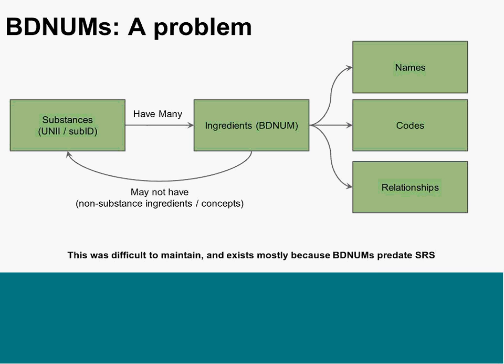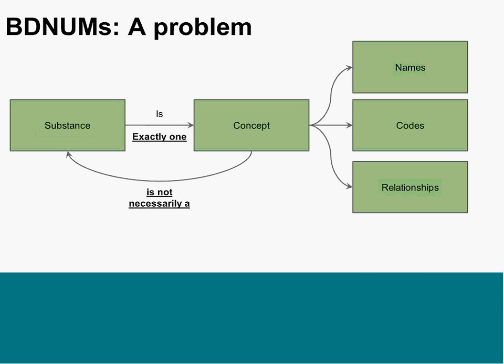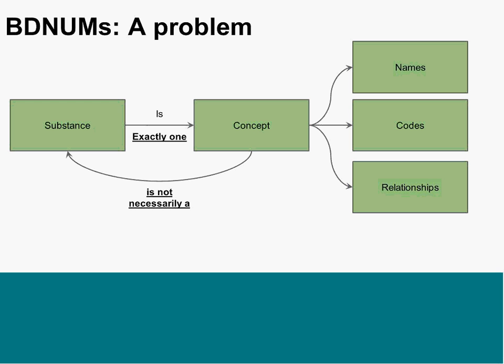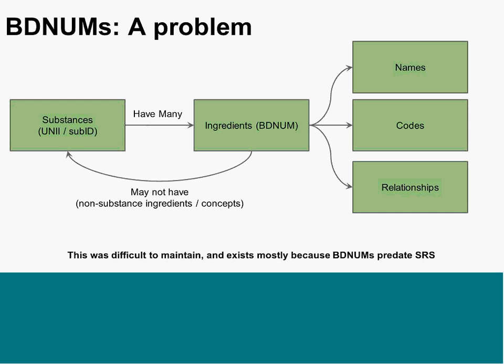Not egg lecithin, soy lecithin. So we view it this way: a substance is exactly one concept, and a concept is not necessarily a substance. They're similar, but the cardinality between substance and concept is one, whereas here between substance and ingredients, there are many.